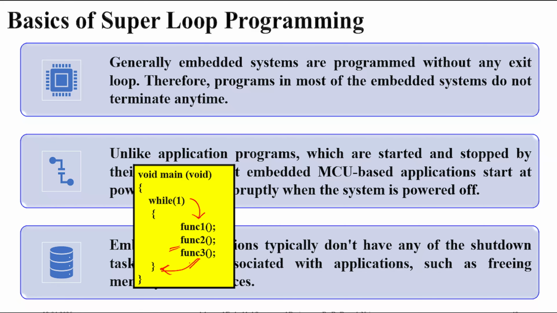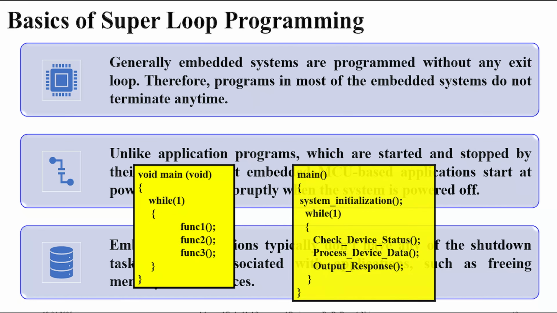After completing its job, function 3 will also release the CPU resources, and then again this loop continues. Function 1 will start, take the CPU resources, release them, function 2 will start, and so on. This cycle will continue for an infinite time period in the case of a super loop in embedded systems.